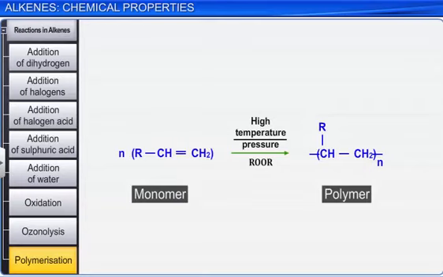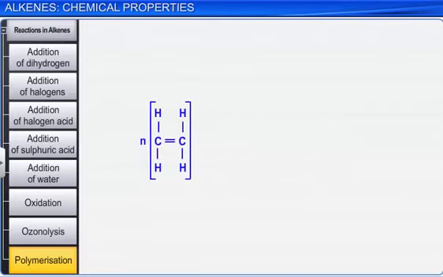The simple compound which forms the polymers are called monomers. For example, ethene, when heated to 1000 degrees Celsius under 1000 atmospheric pressure, undergoes polymerization to form polythene.